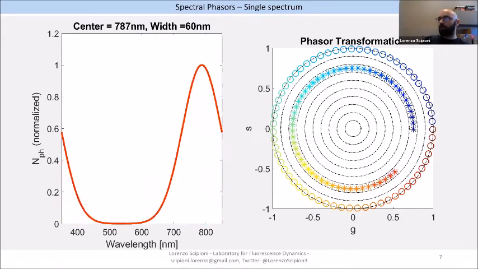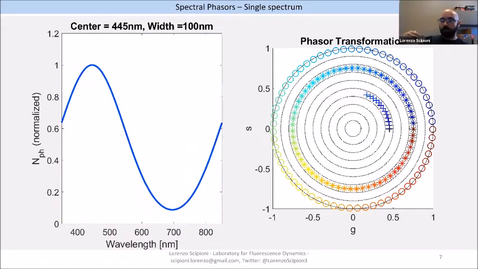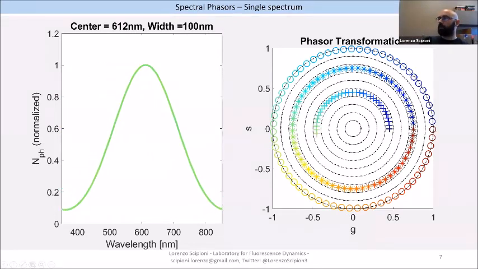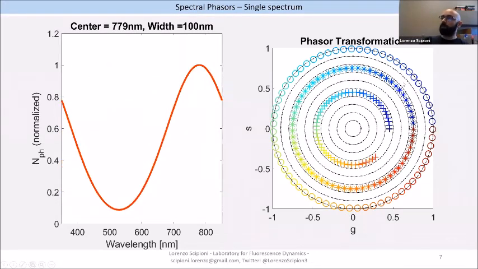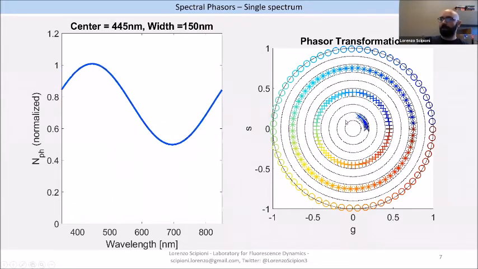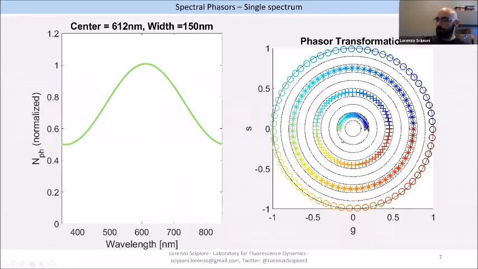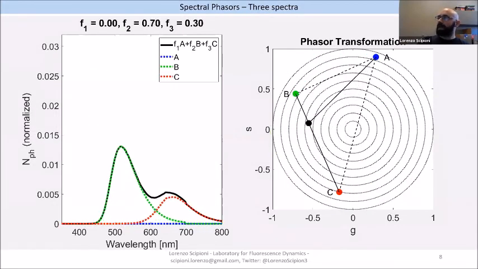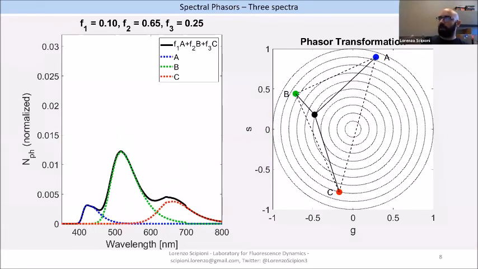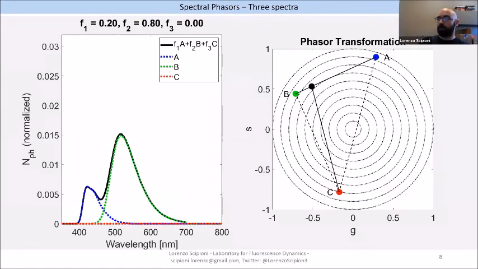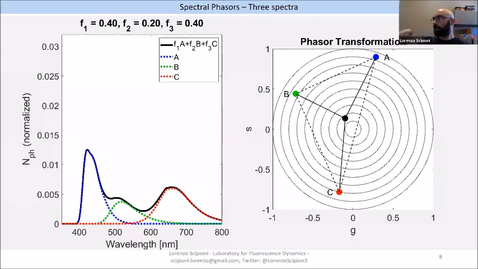The phasor transformation also encodes the width of the spectrum. So the broader spectra will be shifted more and more towards the center of the phasor plot. As for lifetime, you can effectively mix up to 3 components using the first harmonic.